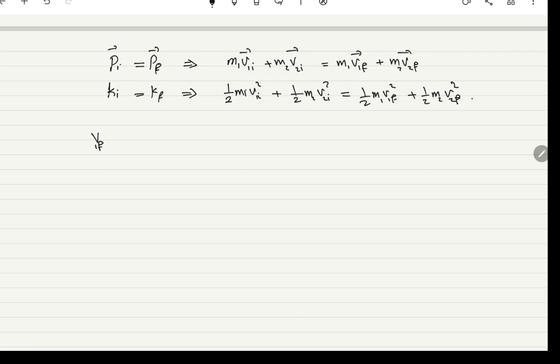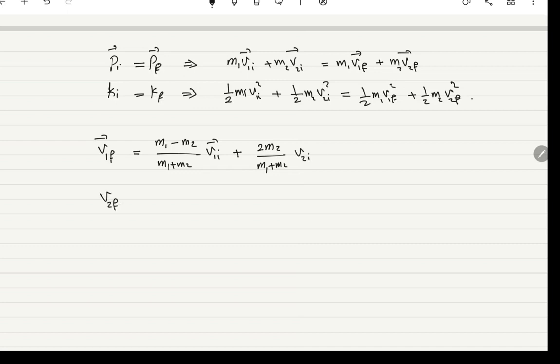So v1 final equals (m1 minus m2) over (m1 plus m2) times v1 initial, plus 2m2 over (m1 plus m2) times v2 initial.